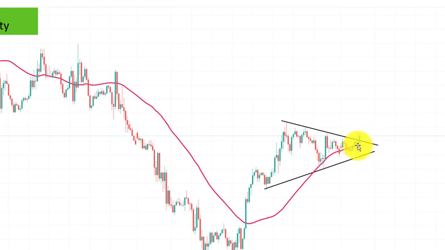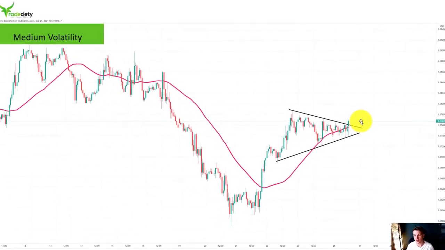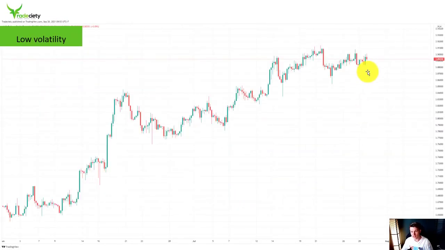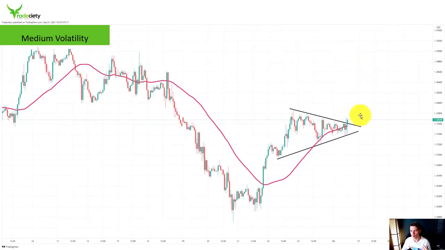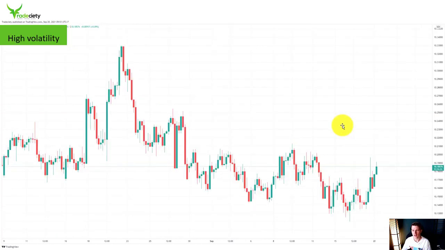If you decide to trade such a market, generally you want to add a little bit of extra room to your stop loss compared to a market here. Here you could get away with a tighter stop loss, whereas here you definitely need a wider stop loss to be able to deal with the uncertainty and the volatility, so you're not immediately kicked out of your trade. And here you would have a high volatility market.